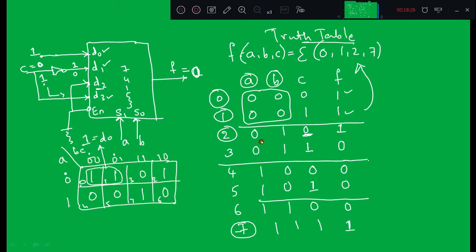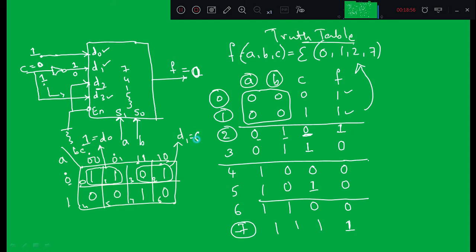Similarly, identify where A is equal to 0 and B is equal to 1. A is equal to 0 here, B is equal to 1, and B is equal to 1 here. That means these two cells you need to group, so this will be D1. And the grouped binary numbers are compared with C. C is 1 here, output is 0; C is 0 here, but output is 1.